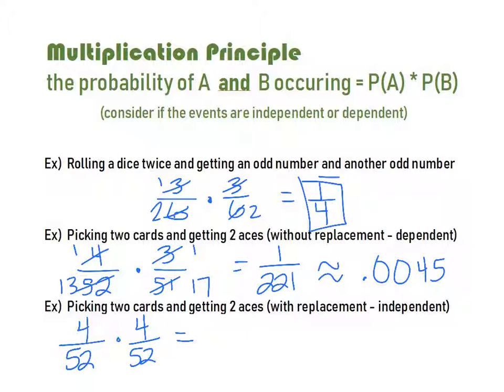And then I'd reduce these to 1/13 times 1/13, and 1 over 169, and then as a decimal, I get 0.0059, slightly more likely because I put that card back in there.